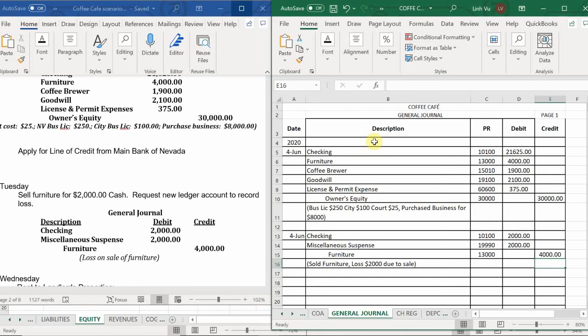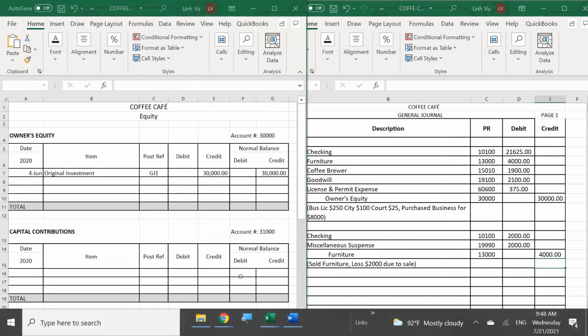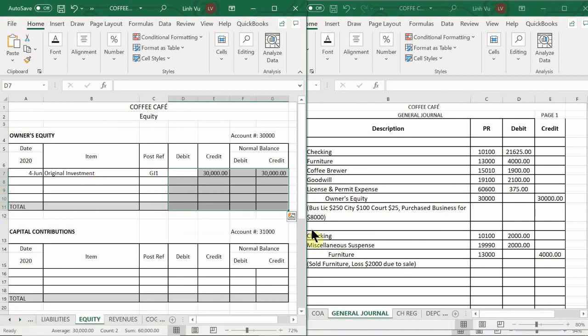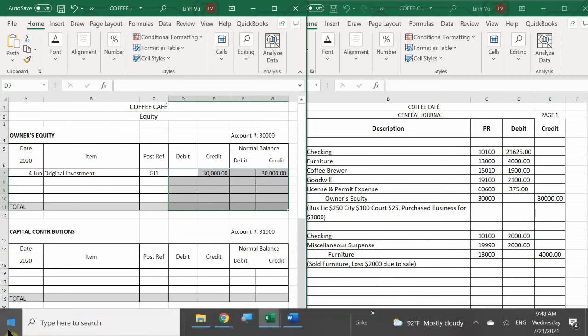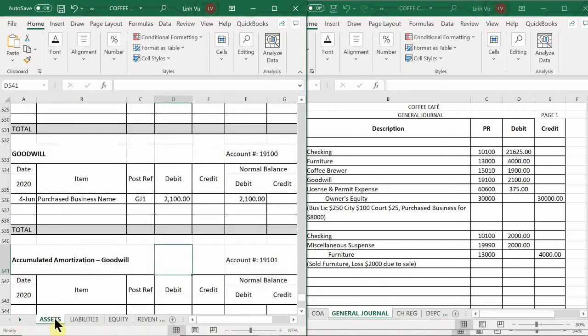So there you go. Now that we finally finished my journal, I need to post it to my ledger, and then we're going to talk about deposits in a second, okay? So let's post this amount in my ledger. First thing I see here is my checking account. I'm not in my checking account, so I have to go to assets.